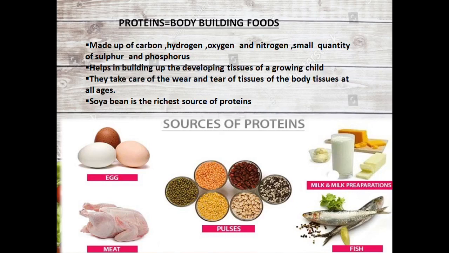Just to help in growth and development of the body. Also whenever your body tissues get damaged or injured, recovery starts just because of taking these proteins. So basically proteins help in wear and tear of tissues. The richest source of protein is the soya bean.